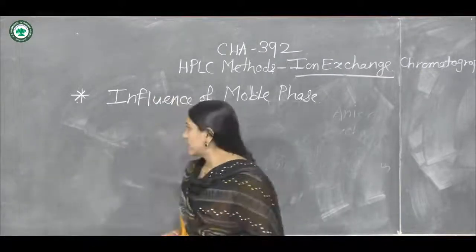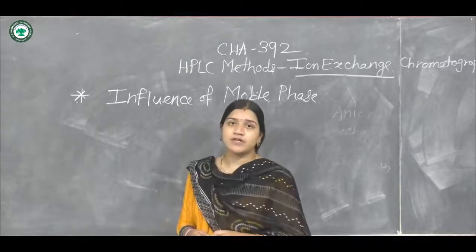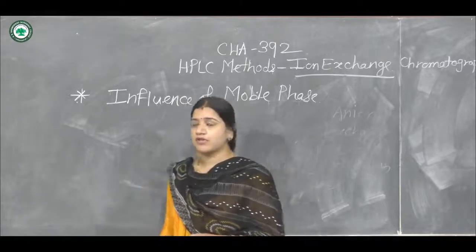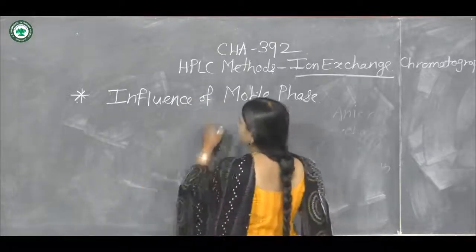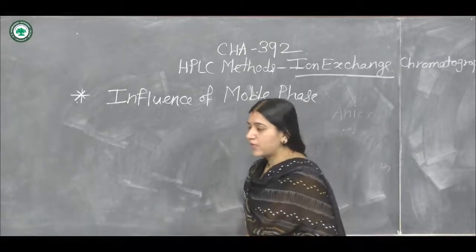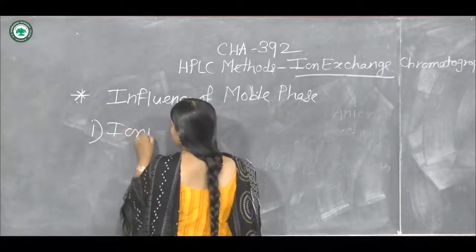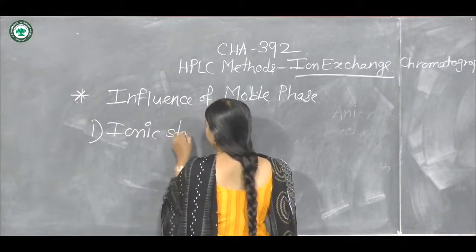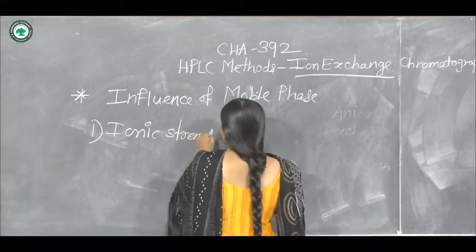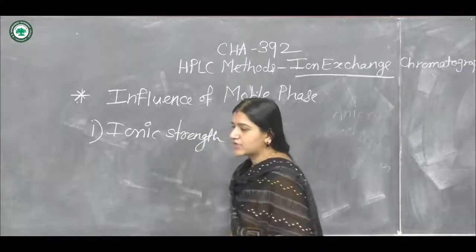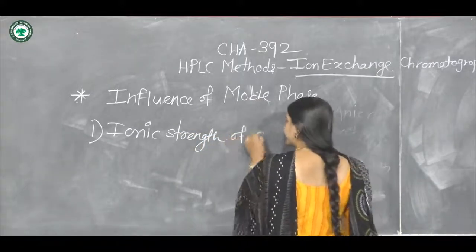Cation exchange chromatography and anion exchange chromatography are a function of the following things. If you consider the influence of the mobile phase, it affects the ionic strength of a sample ion.